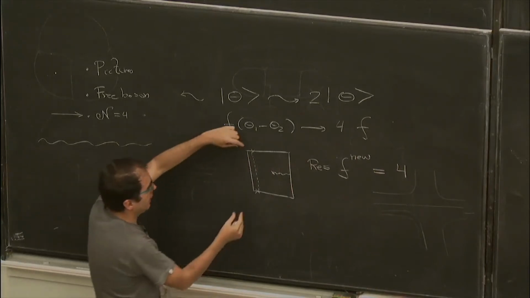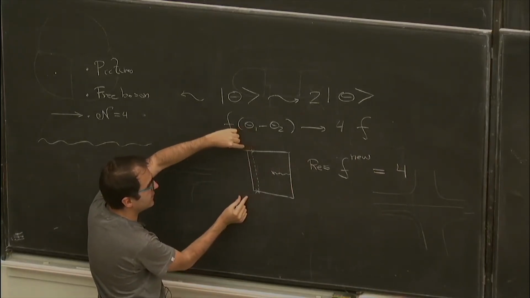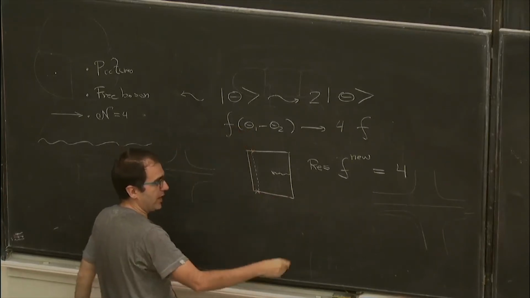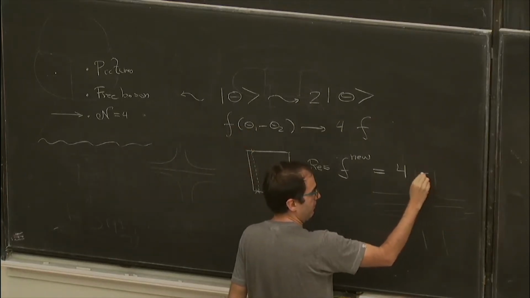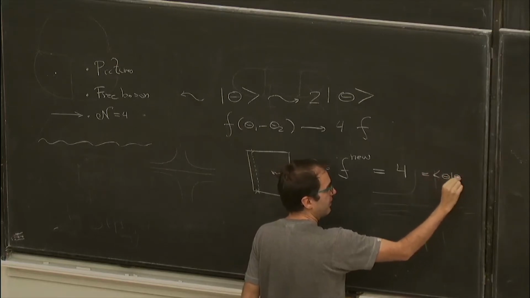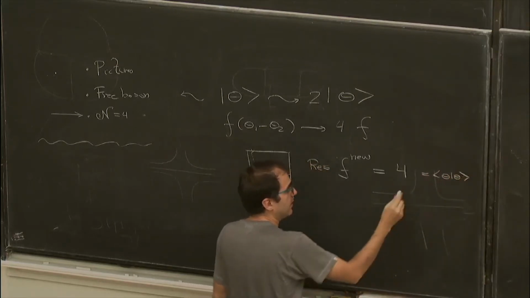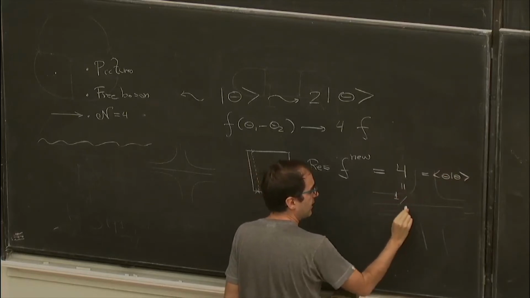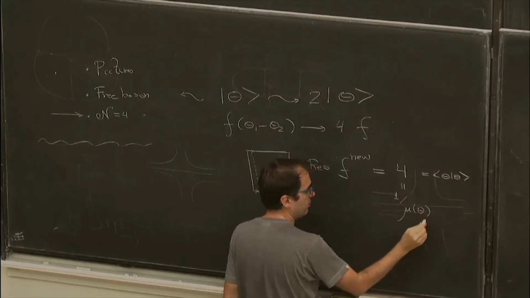And that would just tell me that now my states decoupled. I got the vacuum, which is 1, times 4. So I immediately would interpret this 4 as the normalization of my state. In other words, I would call this 4 the inverse of the measure mu of theta.